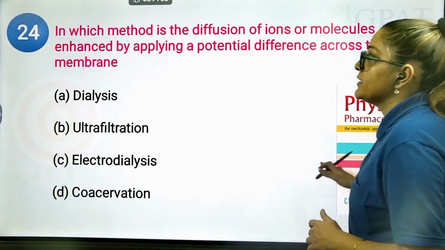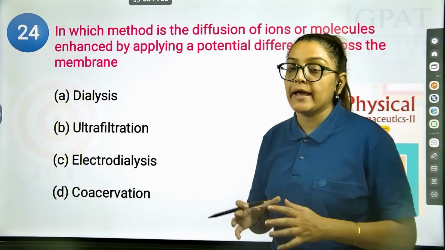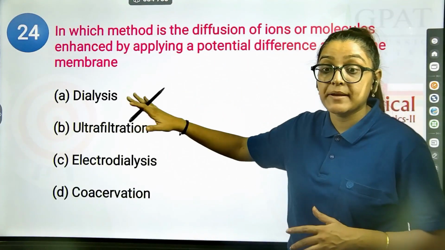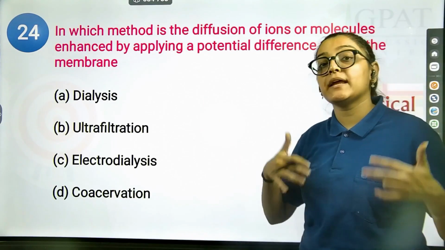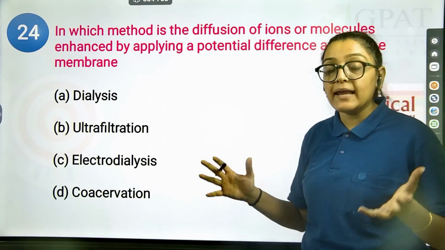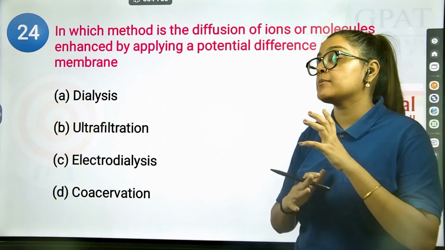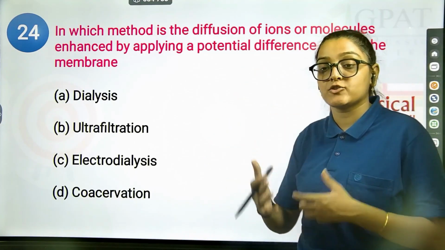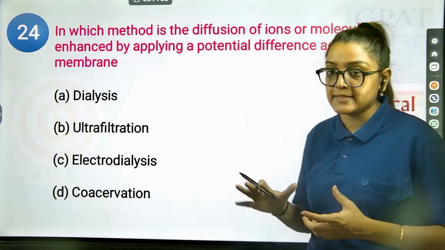Okay. Next, in which of the following methods are ions or molecules enhanced by applying the potential difference across the membrane? So where the membrane has been asked, it must be clear that they are talking about dialysis, a semi-permeable membrane through which the material passes. But they have applied the potential difference, so the answer relates much more to electrodialysis, right?